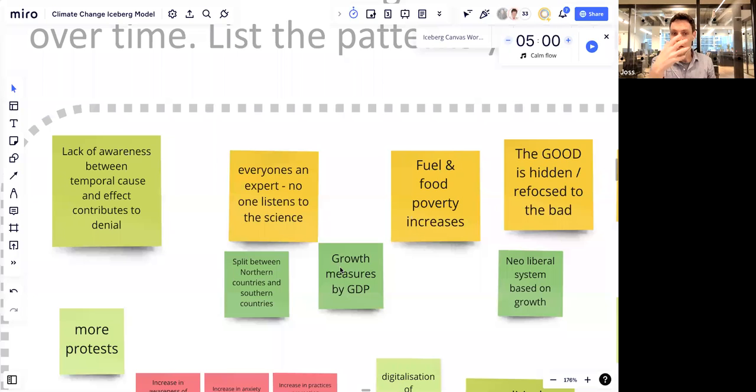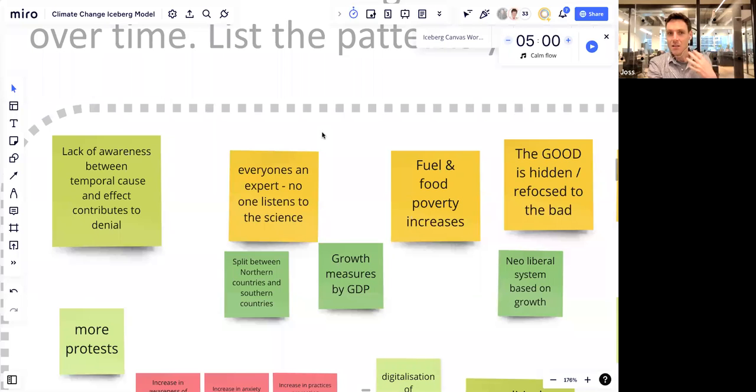Yeah, it's a lot of the complexity that we struggle with, isn't it? The scale of all of this, and that many different things are happening at the same time, and the inequalities that go on behind the scenes between North and South and so on. And this thing of time, temporal cause and effect contribute to denial.